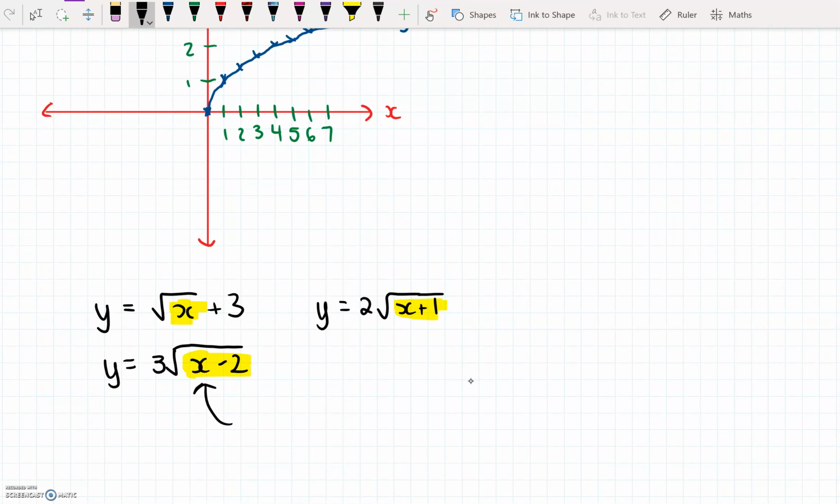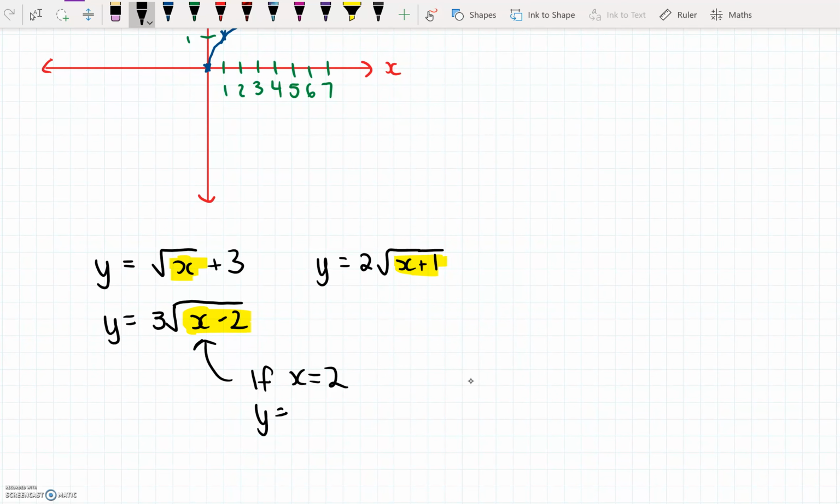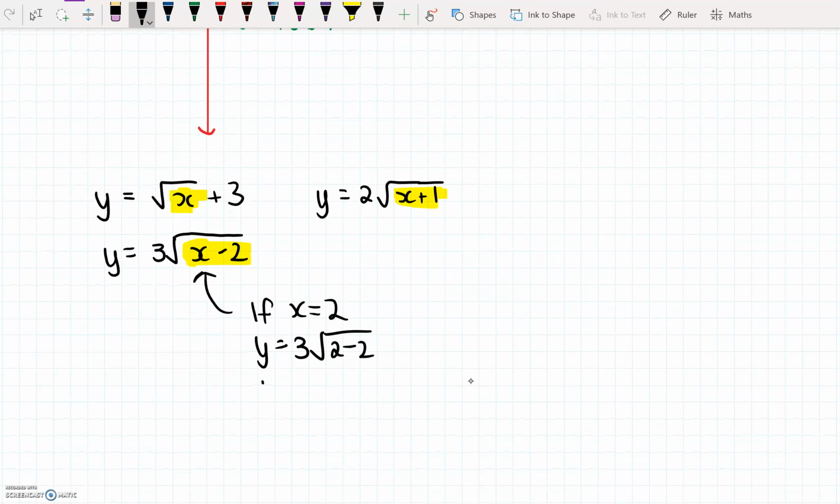If you put in 2 for x, then 2 minus 2 is 0. So if x equals 2, y equals 3 times the square root of 2 minus 2. So y is equal to 3 times the square root of 0, which is 0.